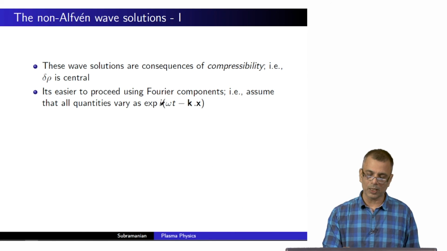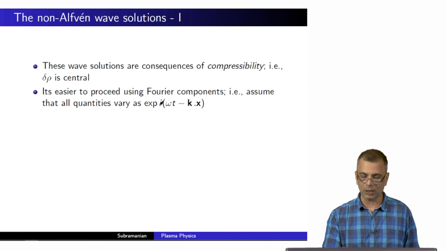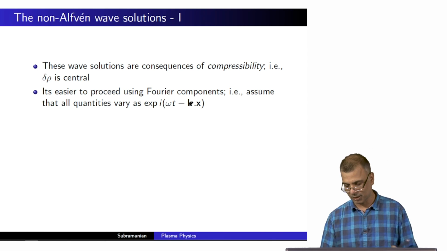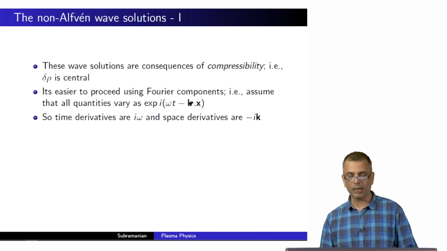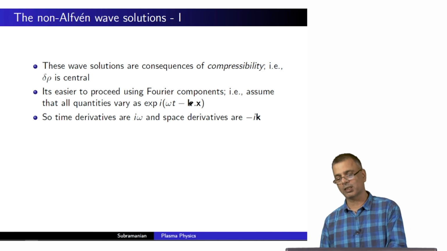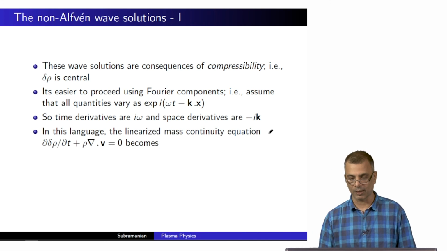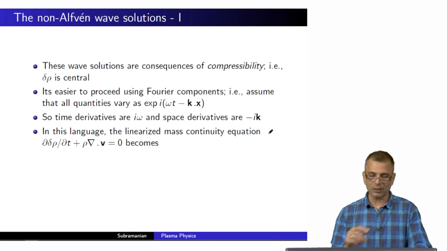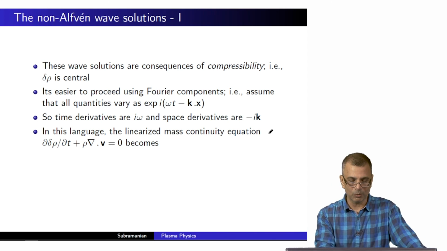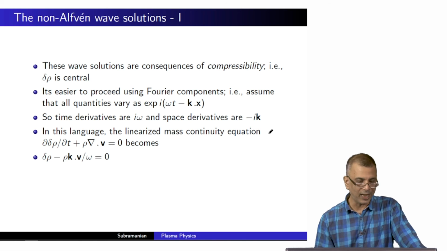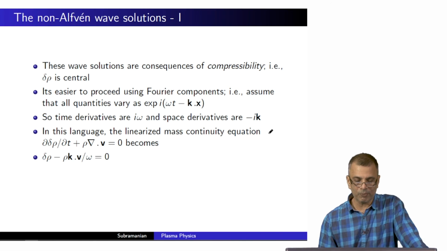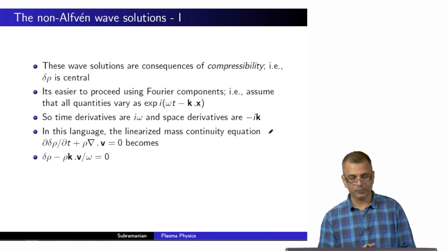So I assume that it's an exponential, i omega t minus k dot x. Therefore, all time derivatives become i omega and all space derivatives become minus ik. So in this language, the linearized mass continuity equation, which is this, becomes that. It's quite simple.